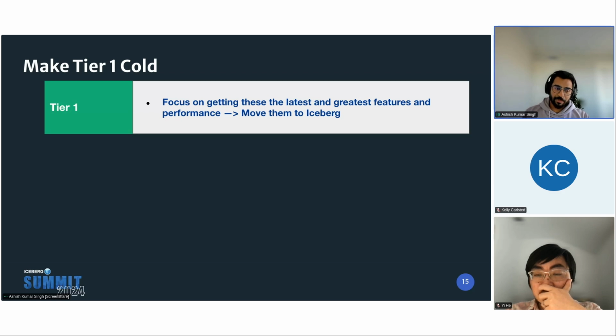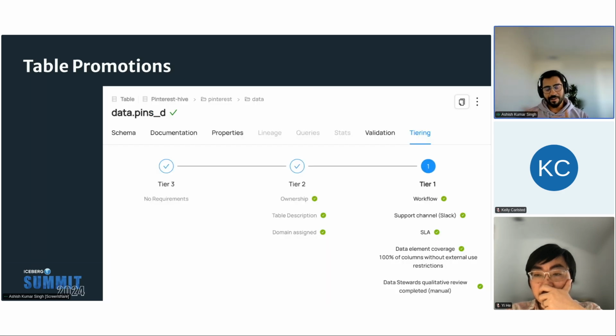The usual life cycle for a table creation is that a user comes in, they create the table, it's in tier three, and only when they meet certain criteria, the table automatically gets promoted to tier two. And if they meet certain criteria, and then it's reviewed and approved by the data stewards or data governance committee, then it gets to a tier one status.